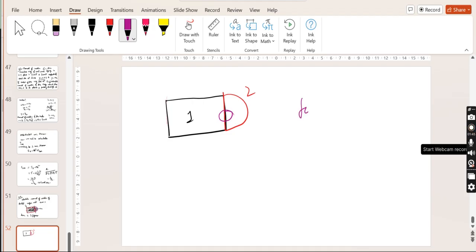So basically the total shaded area is 1 plus 2 minus 3.